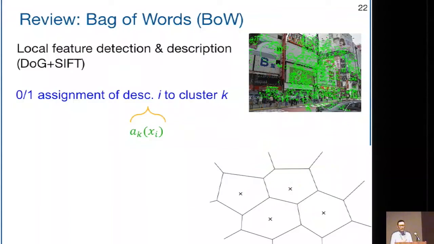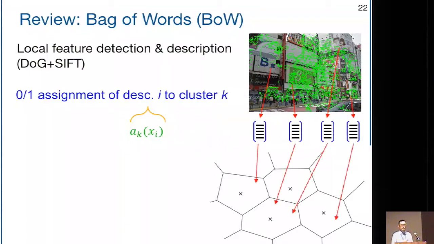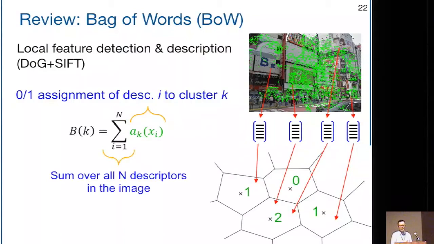Then all the descriptors in the image are assigned to their closest clusters. The assignment variables are summed up, which basically counts the number of descriptors assigned to each cluster. The counts are then concatenated to form the bag of words histogram. So this is the basic idea.